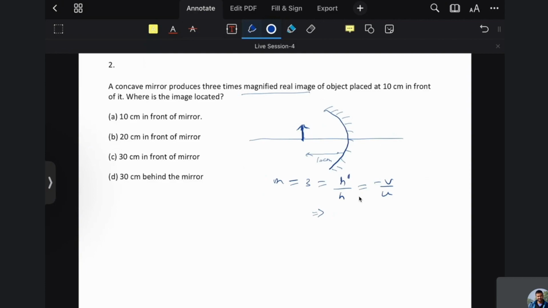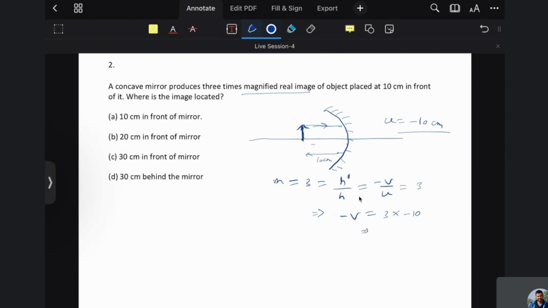Now we have already been given u, the object distance, as minus 10 centimeters. Remember, we are measuring distance opposite to the incident light, so it will be negative. And so we can calculate the image distance simply from this formula, which is minus v is equal to 3 into minus 10.